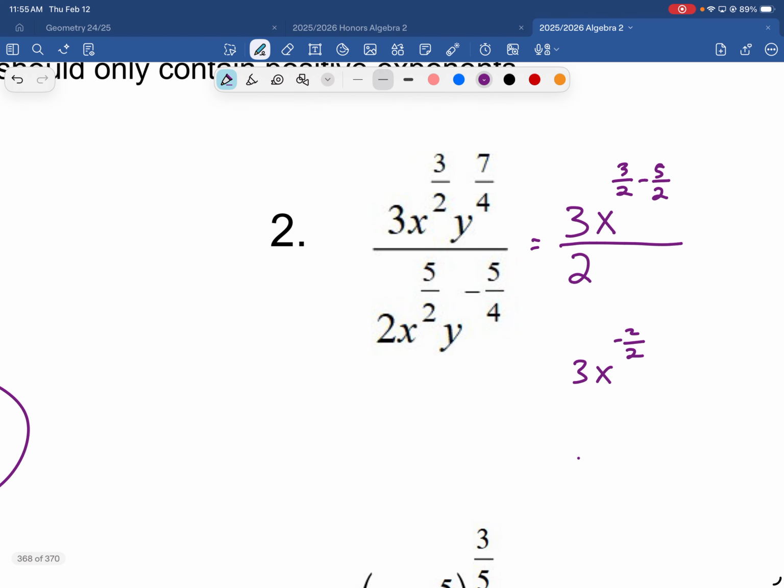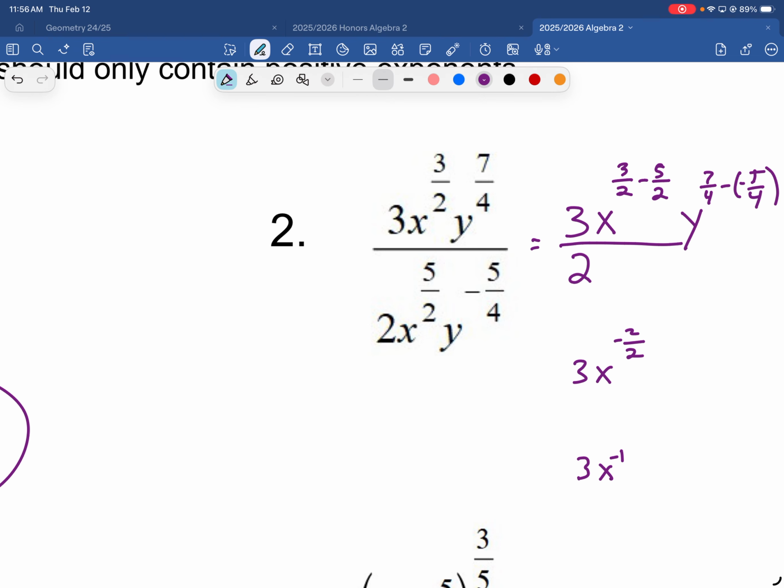Okay, so we got another one down here. We got to even take it further. We got a big chain of things going on here. Y's. Y's, I've got 7/4 minus negative 5/4. Remember, we're subtracting.